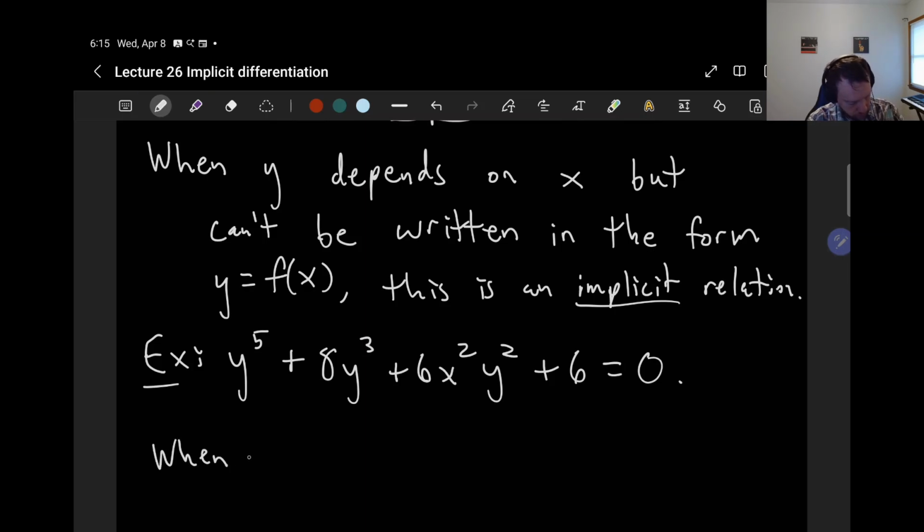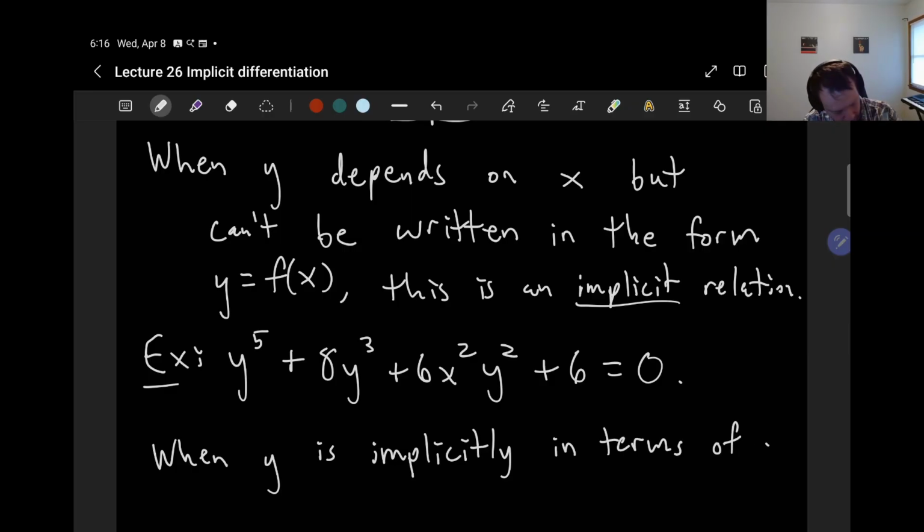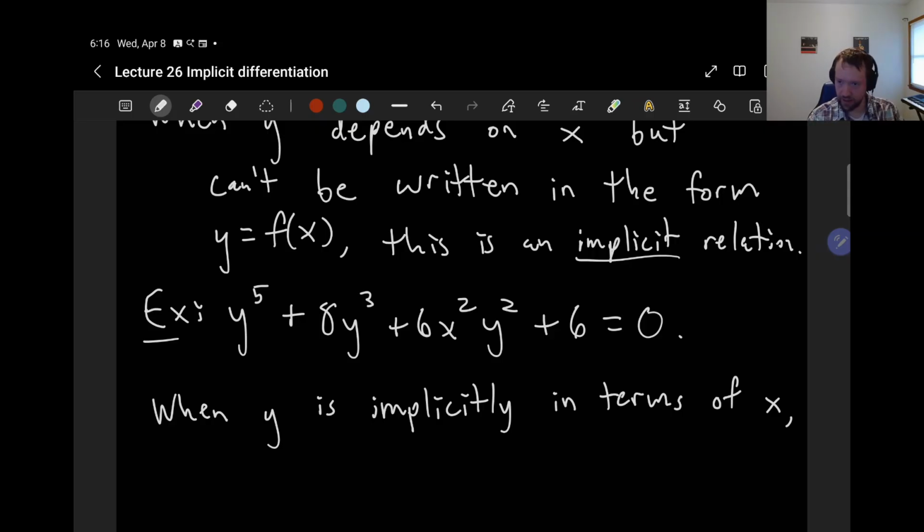So can we still take a derivative? That's the question. When y is implicitly in terms of x, we can still find dy dx, the derivative, through what's called implicit differentiation.